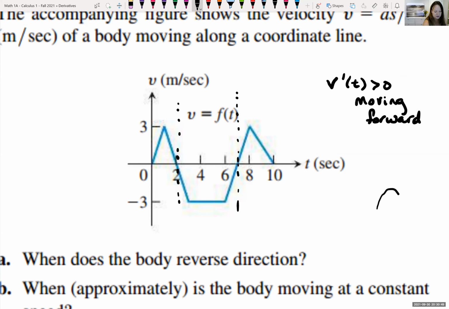And if you look at our original function, our slope is going to give us 0 at a max or a min. And so I can see that it's moving backwards when it's below the x-axis.